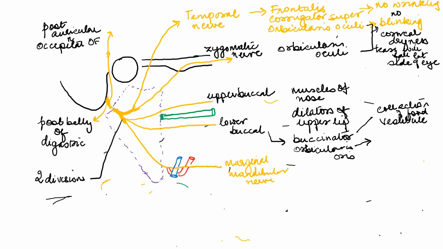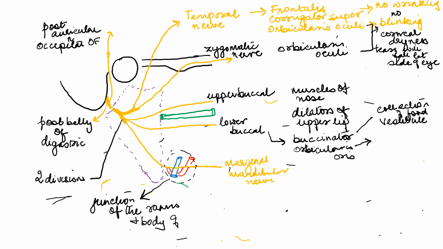Now, where is this arrangement present? This entire configuration is present at the junction of the ramus and body of the mandible.